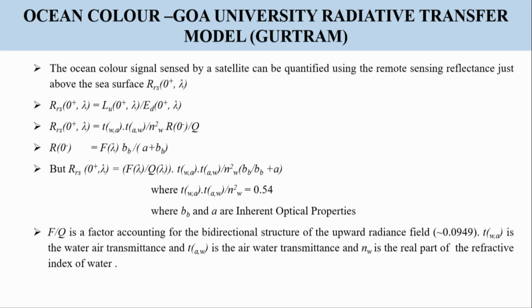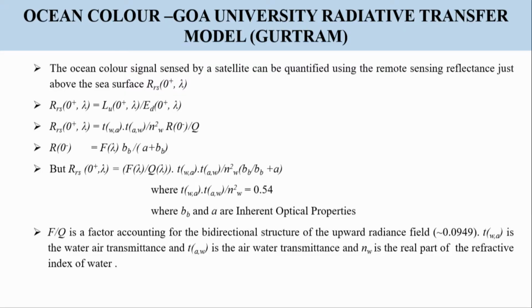So far, I have been explaining the relation between RRS and the light available. But for modeling, what is required is that we develop a relation between the inherent optical properties and the RRS. The next equation explains how R(0-) and backscattering and A are related.